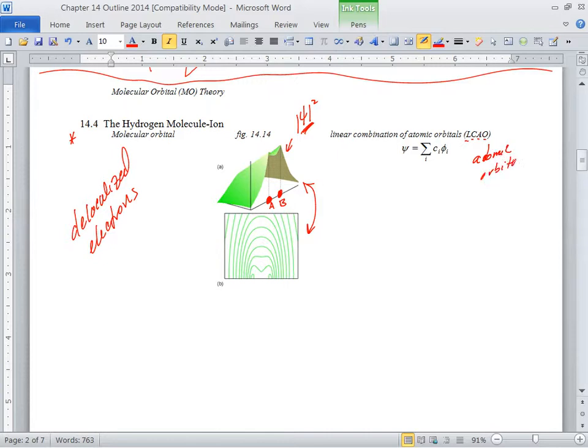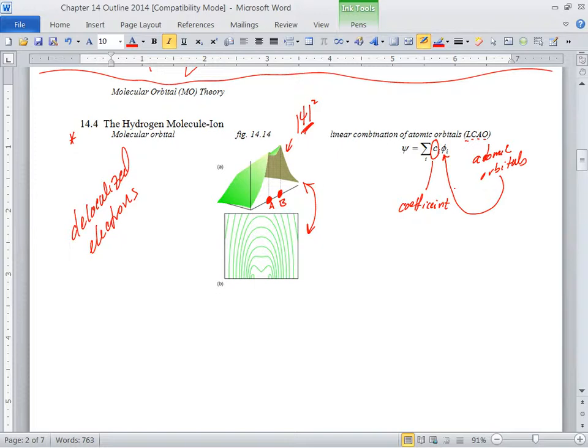So it serves as a great starting point to write wave functions. There's our atomic orbitals, and then you have this little c in front. It's just a coefficient, maybe a weighting factor might sound better, right? Because the bigger that coefficient is, the more important that atomic orbital is.